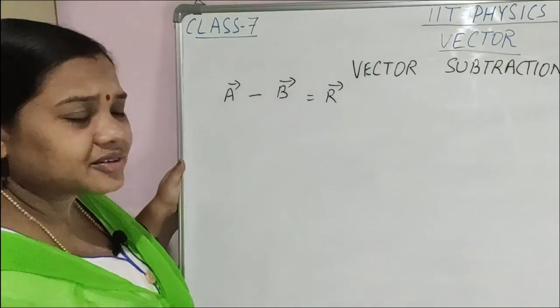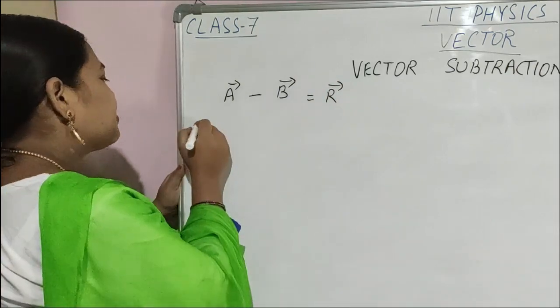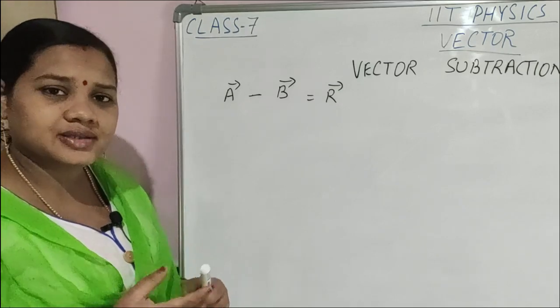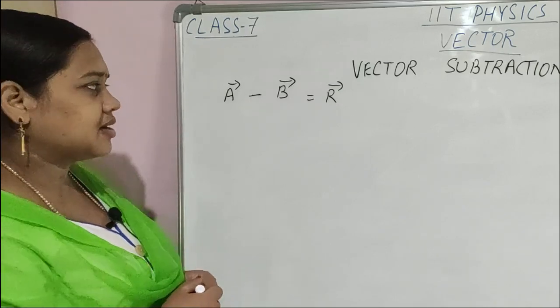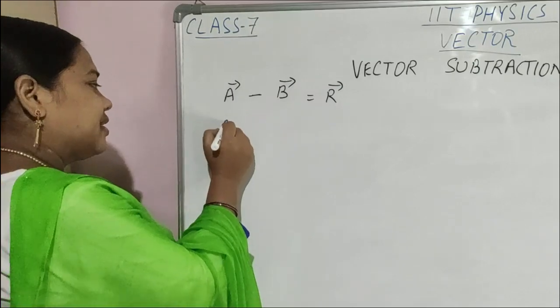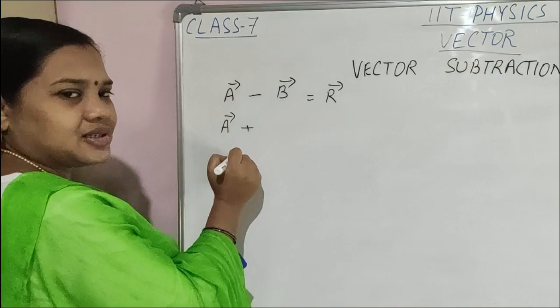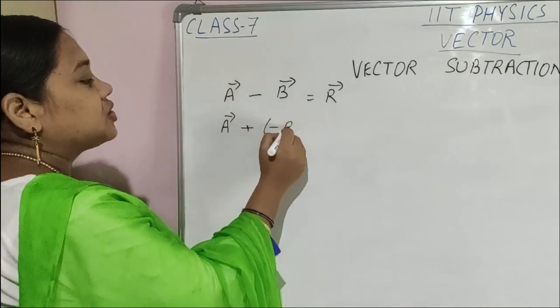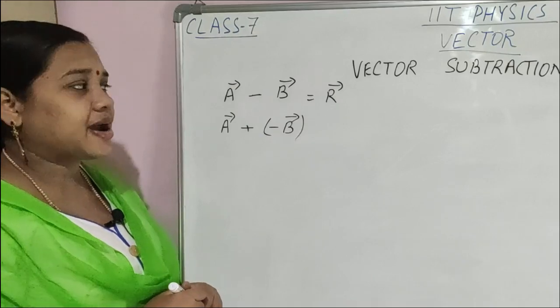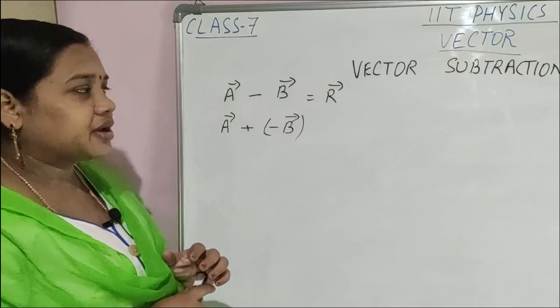How can you subtract if I am saying you can't? There is a way of subtracting vectors: vector A plus minus of vector B. You have to take the negative of vector B.